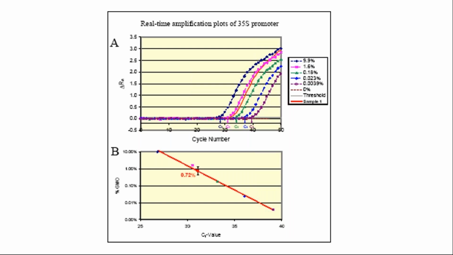It could be DNA, it could be, say, Salmonella, it could be Staphylococcus. So these real-time PCR or qPCR primers can be designed to amplify different genes in the microorganisms.